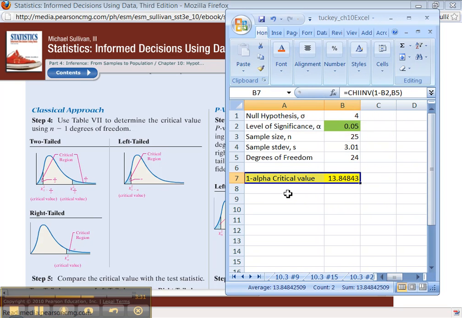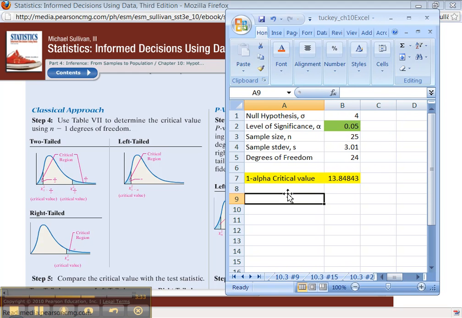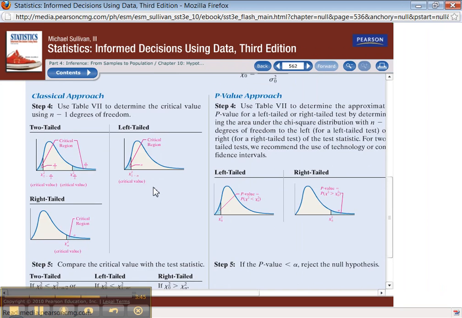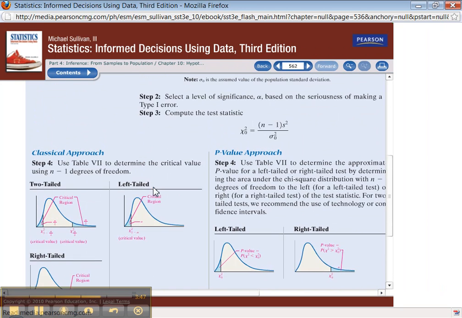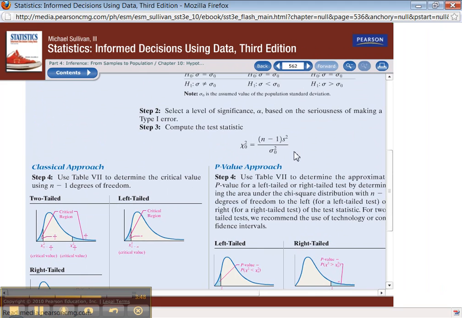There we go. Okay, next thing we're going to do is find the test statistic. So the chi-square statistic. That's going to follow a formula. The formula is equal to, oops, here, let me show it to you. There it is, right there. All right, n minus 1 times s squared over sigma naught squared. Sigma naught being the one that's in the null hypothesis.